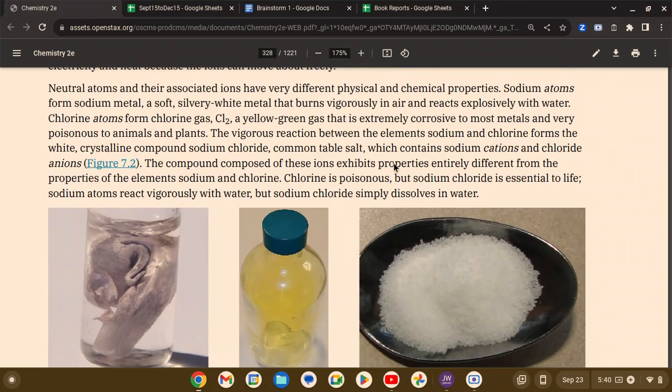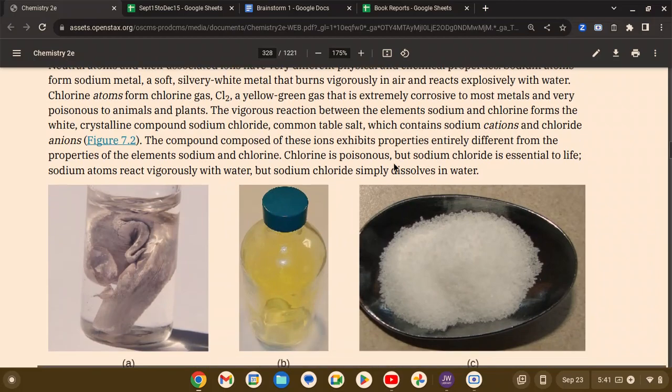The vigorous reaction between the elements sodium and chlorine forms the white crystalline compound sodium chloride, common table salt, which contains sodium cations and chloride anions. The compound composed of these ions exhibits properties entirely different from the properties of the elements sodium and chlorine. Chlorine is poisonous, but sodium chloride is essential to life. Sodium atoms react vigorously with water, but sodium chloride simply dissolves in water.